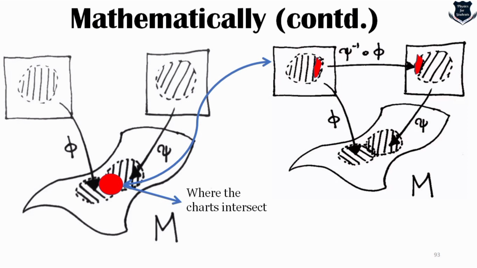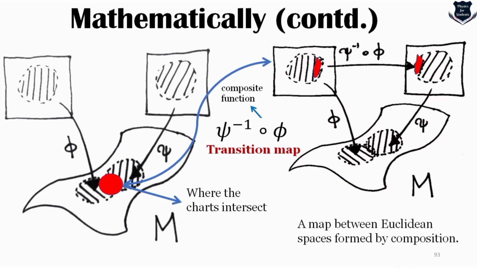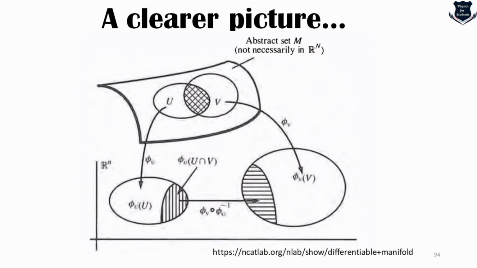So the common intersection point is mapped over here, and then we use a transition map. I'm not going to explain what a transition map is, but remember, this is not a dot product, it's a composite function. So all in all, it is a map between Euclidean spaces formed by composition. So we take two charts where the point intersects, and we draw a transition map. This is more or less what is called a differentiable manifold.